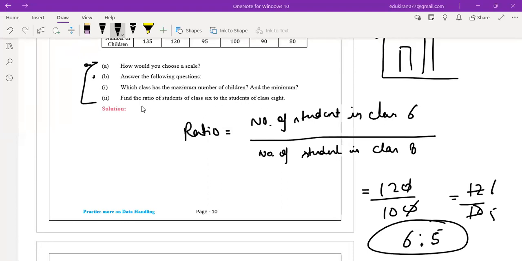I think he's facing issues. So you will do this one like this. Clear? Note it down.